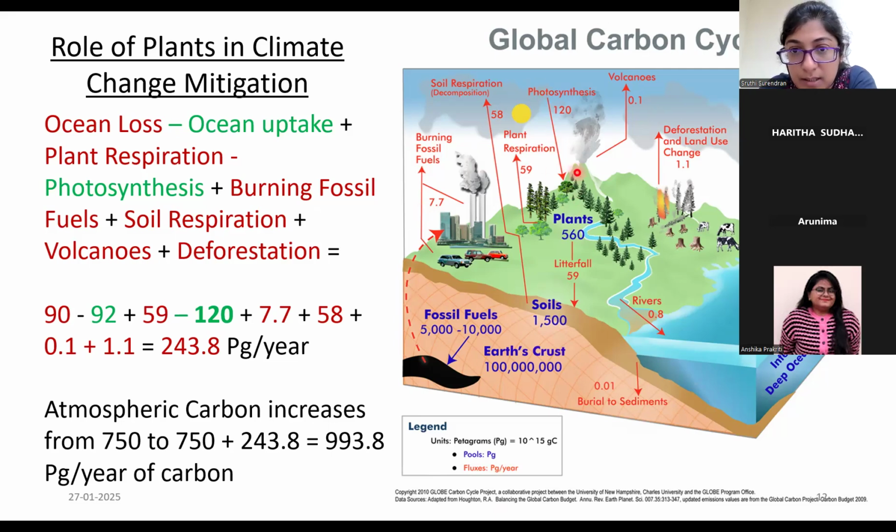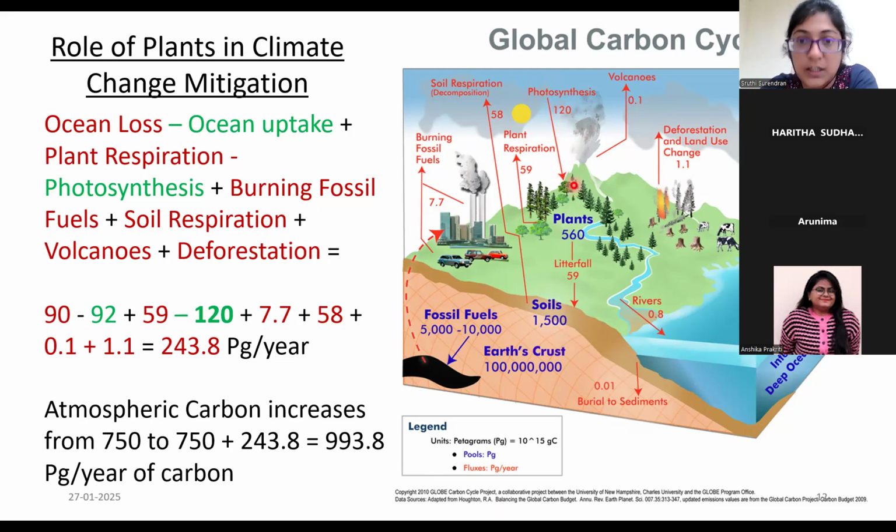All the arrows that are going inwards show how much carbon is taken from the atmosphere to wherever the arrow is directing. So if you see here, photosynthesis is taking around 120 petagrams of carbon every year.